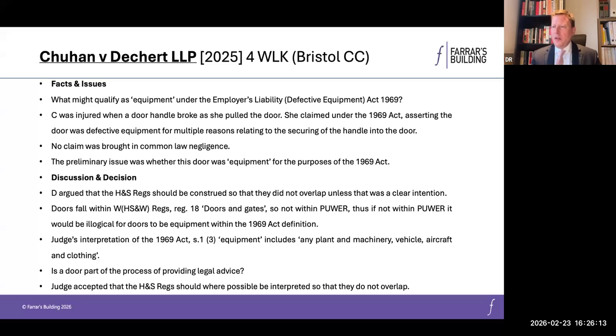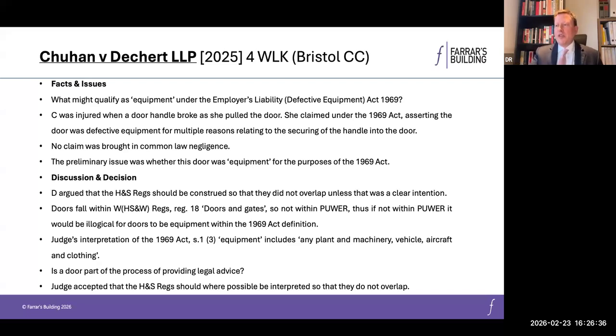Section 1.1 of the 1969 Act provides that where an employee suffers personal injury in the course of employment in consequence of a defect in equipment provided by the employer for business purposes, and the defect is attributable wholly or partly to the fault of a third party, the injury is deemed attributable to negligence on the part of the employer.